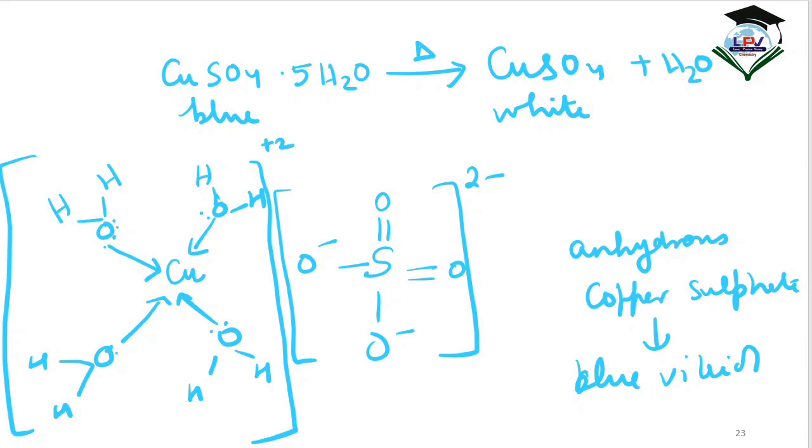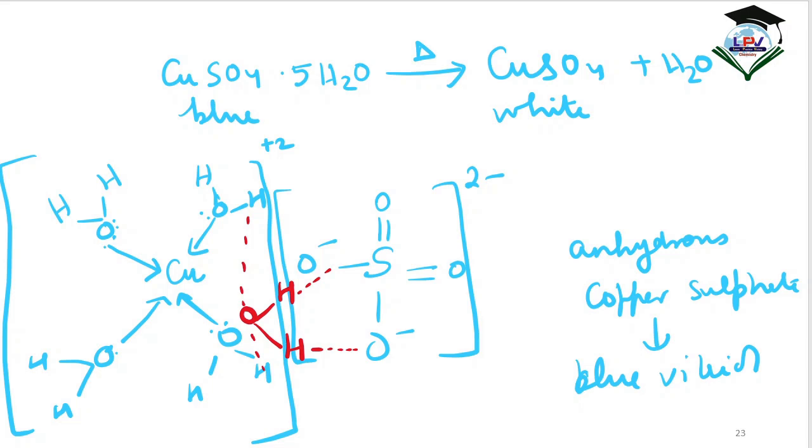Now let's take another water molecule which is HOH. I'll put hydrogen here and oxygen here. So this H and this oxygen form hydrogen bonding. This hydrogen and this oxygen of sulfate form hydrogen bonding. This hydrogen of the water molecule which is attached to the copper forms hydrogen bonding with the hydrogen.